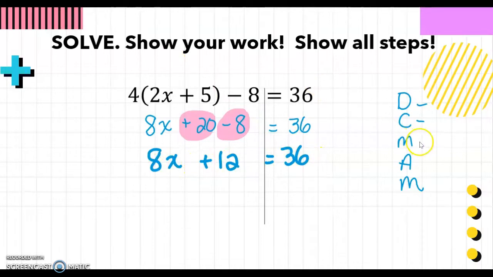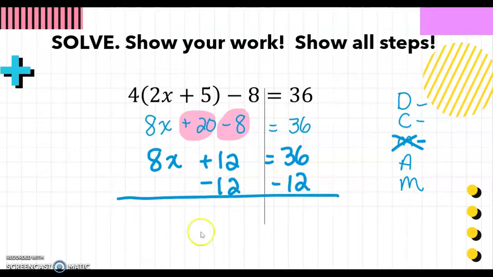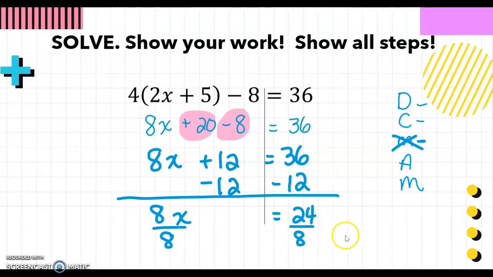My next step is move the variables to one side. Well, I only have one variable here, so I can skip that step. And then next I add or subtract. So I'm going to move this constant of 12 to the other side of the equation by subtracting. I end up with 8x equals 24. And then when I divide by 8, I get x equals 3. That is my answer.